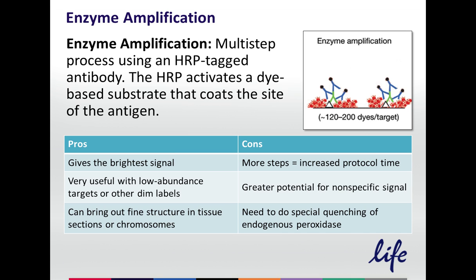And you can block that. So before you do your primary antibody and blocking, you do a separate blocking step for endogenous peroxidases with hydrogen peroxide, like a 3% hydrogen peroxide wash, which will kill the endogenous peroxidase. And then you go in and label with your primary and your HRP secondary and detect that with your TSA.